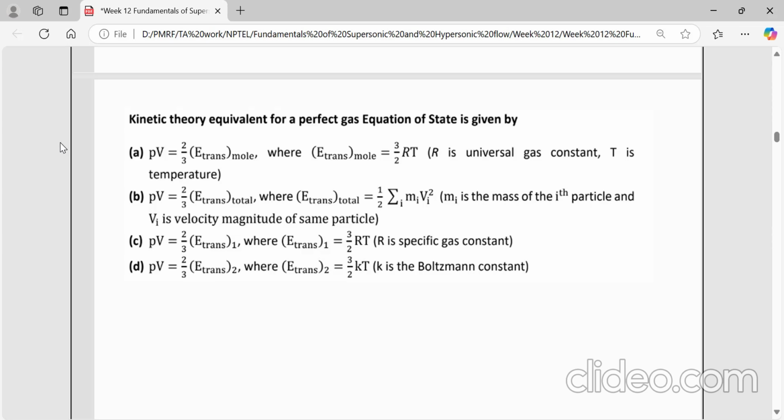Mi is the mass of ith particle and vi is the velocity magnitude of the same particle. Option C, PV equal to 2 by 3 E translational 1, where E translational 1 equal to 3 by 2 RT. R is the specific gas constant. Option D, PV equal to 2 by 3 E translational 2, where E translational 2 equal to 3 by 2 kT, where k is the Boltzmann constant.